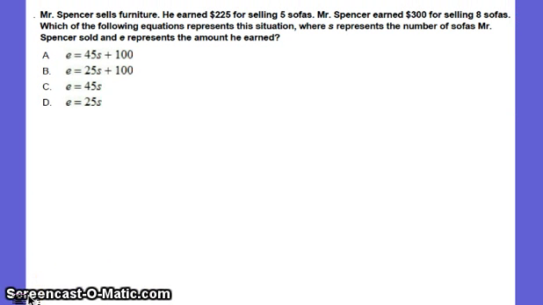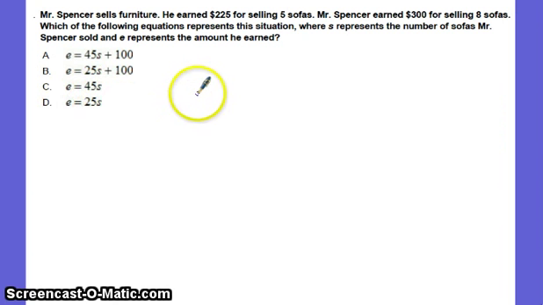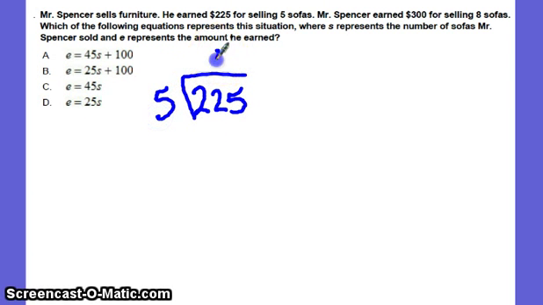So for this particular equation, it helps if I turn this on. Here we go. If you do 225 divided by 5, you're going to get 45, which would make me want to go there.